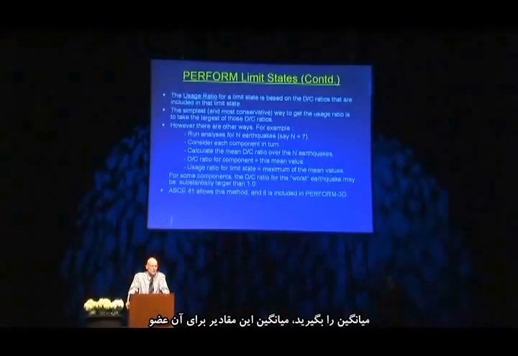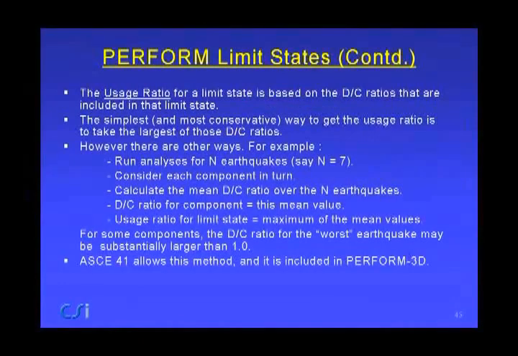You would consider each component in turn, basically each hinge in turn. For that hinge, you've got 7 demand capacity ratios, 1 for each earthquake. Take the average value, the mean value of those for that component, and then the usage ratio for the limit state is the maximum of those mean values.